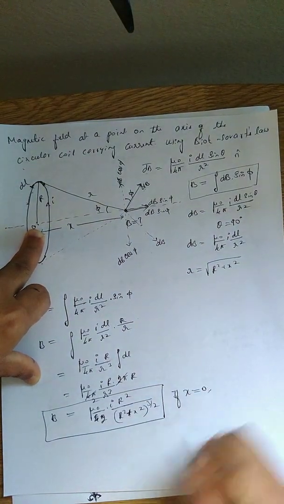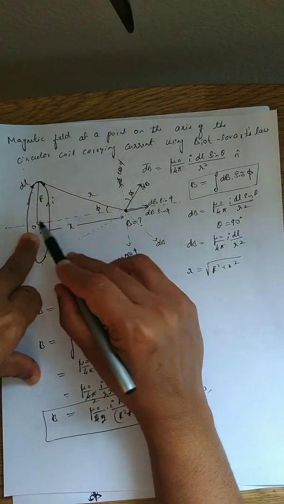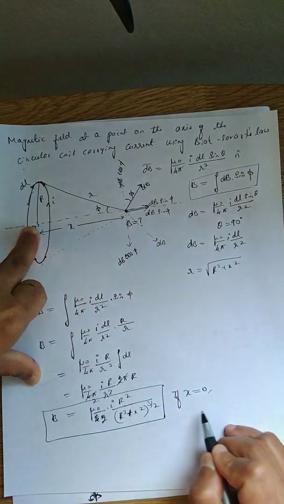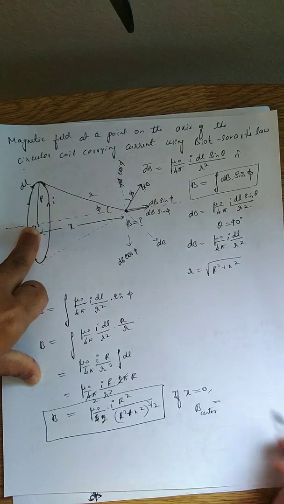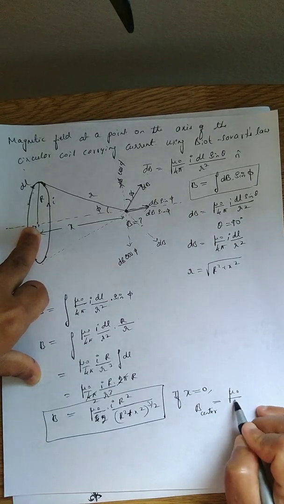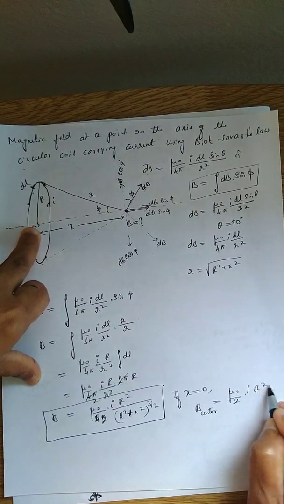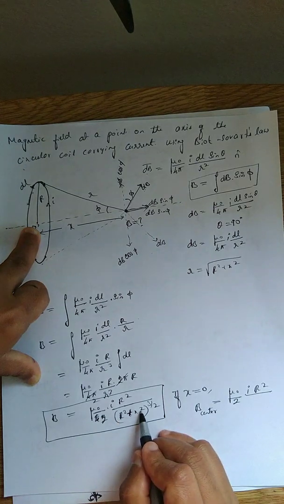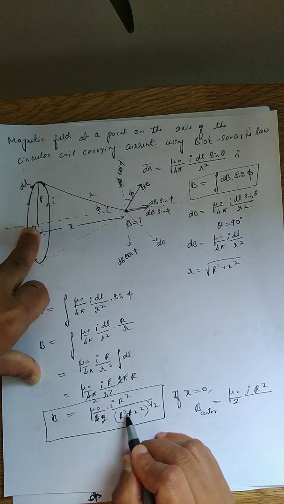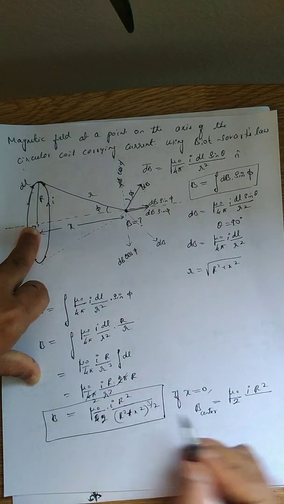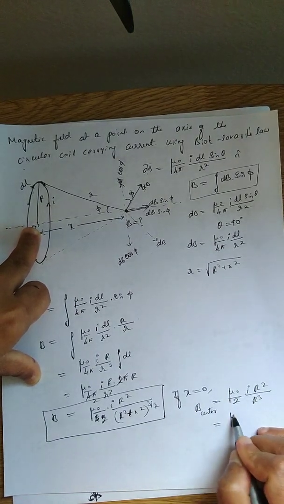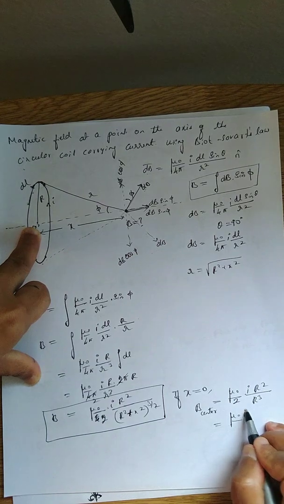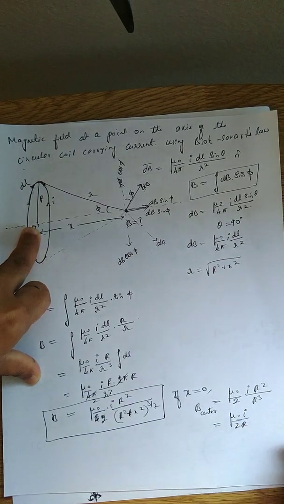If x equals 0, what do you get? This point comes right at the center, so we get B at the center: mu naught by 2, I r squared by r squared plus x squared whole power 3 by 2. X squared is 0, so r squared whole to the power of 3 by 2, which is basically r cube. So r squared and r cube will cancel. Mu naught I by 2r.